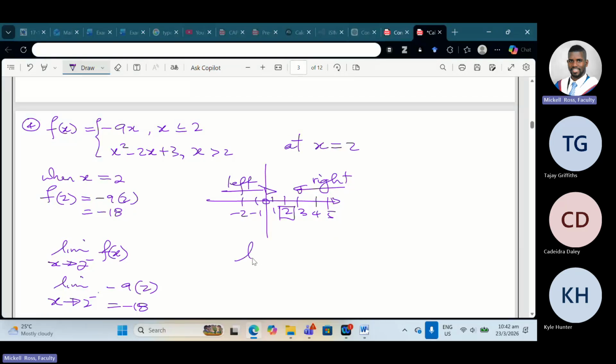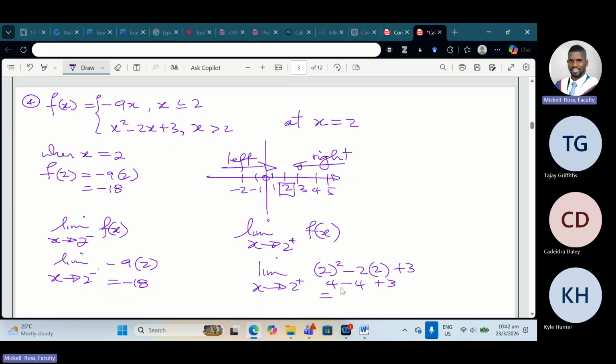And then the limit as x approaches 2 from the right-hand side of f of x is going to be this function because this is where the numbers are greater than 2. So it's going to be 2 squared minus 2 times 2 plus 3. So this is going to be 4 minus 4 plus 3, which is equal to 3.